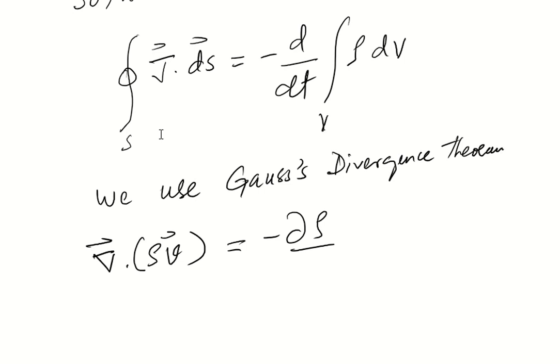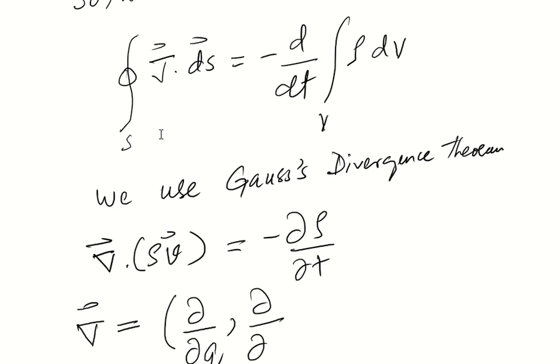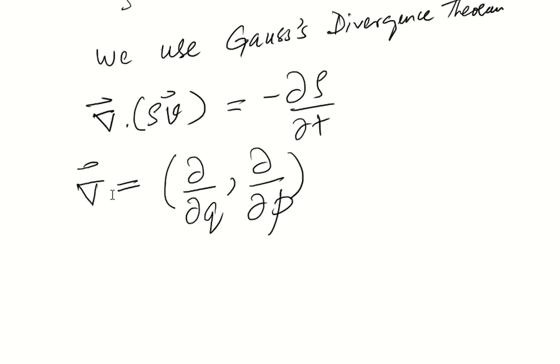So this del is now our generalized divergence operator, that is partial over partial q and partial over partial p, and this v is the velocity field in this case.